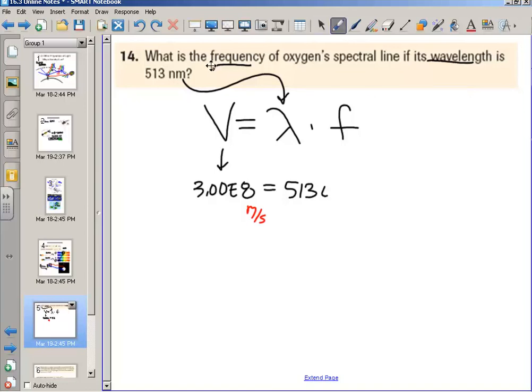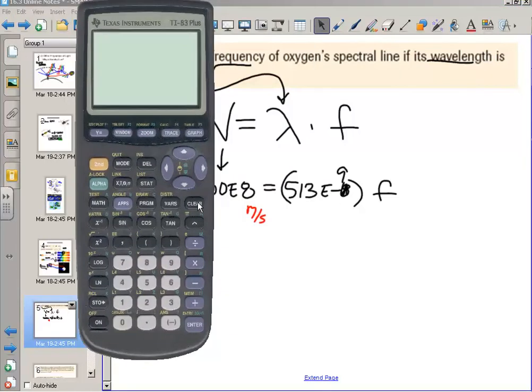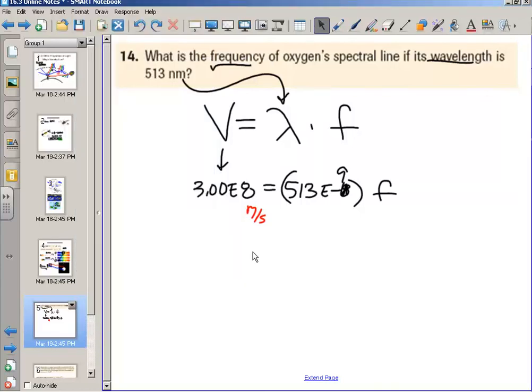So we go 513 times 10 to the negative 9, that's what a nanometer is, because nano sounds like 9. So now all you do is you pull out your calculator and divide these two numbers. So 3 times 10 to the 8th divided by 513 times 10 to the negative 9th. We get a pretty big number, 5.85 times 10 to the 15th. Now that's Hertz, Hz.